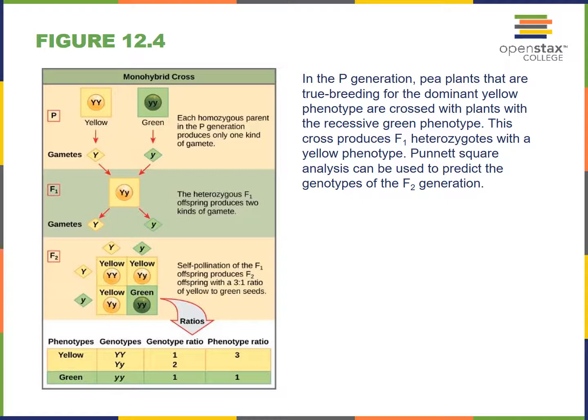Your genotypes will typically have 2 letters per gene. Later we'll get into dihybrid problems where we're tracking more than 1 gene, but for now it should be 2 letters. Whereas the phenotype should be descriptive. Either you have the disease or not, you have yellow seeds or green seeds, things like that.